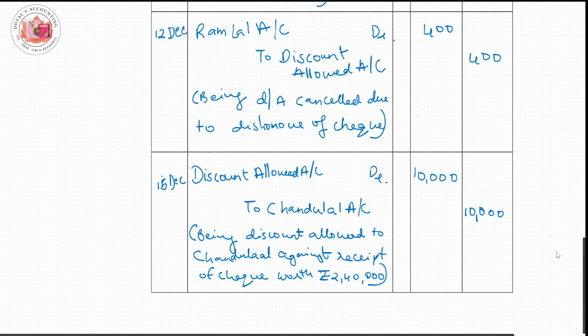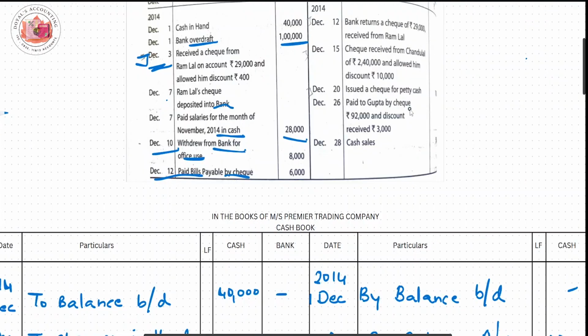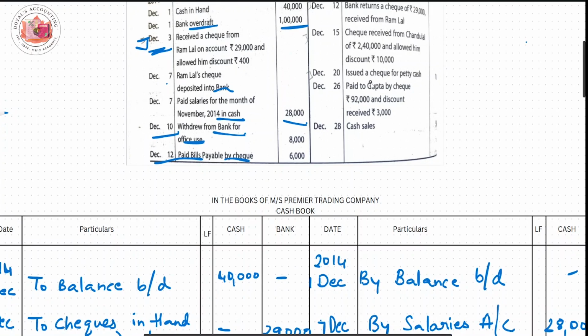Let's go and see what's the next transaction now. We have paid Gupta by check rupees 92,000 and we have received discount also from Gupta. Okay, fine. This is also okay. No. I have missed one. Sorry. We have issued a check for petty cash. The transaction will be petty cash account debit to bank.